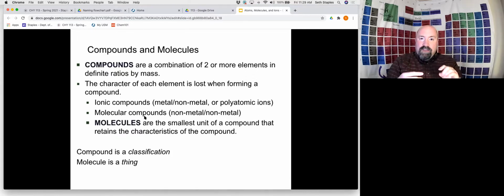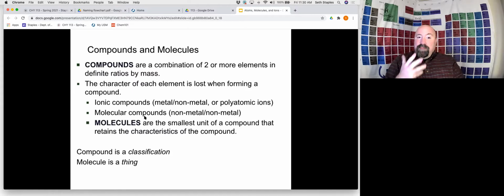Sodium chloride is a compound because it's made up of sodium and chlorine. Gold is not a compound because it's made up of just one type of element. It's made up of just gold. And so a compound is a word that we use to classify a particular type of matter. Is it matter that's made up of two or more elements or not?